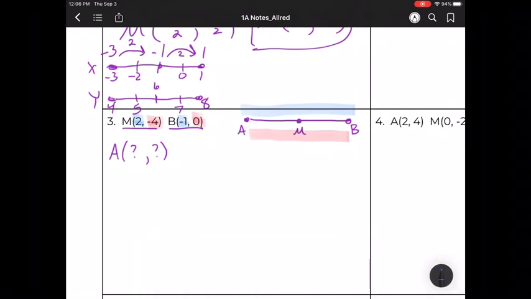So for coordinate M, it has an x value of 2, and coordinate B has an x value of -1. And I'm going to look at those and think of those on a number line and try and figure out how far those are apart. And so since I'm kind of looking for my x value of A, I'm going to kind of use a counting method.